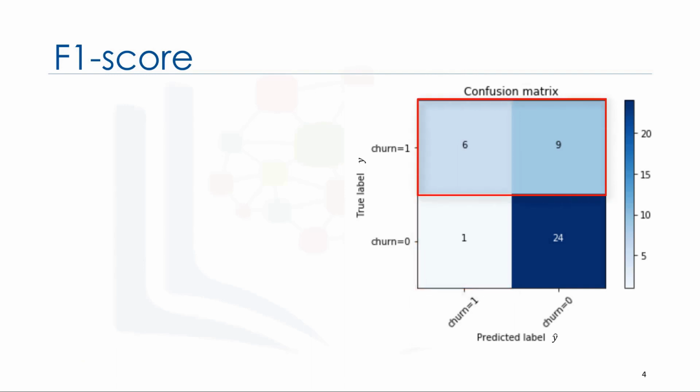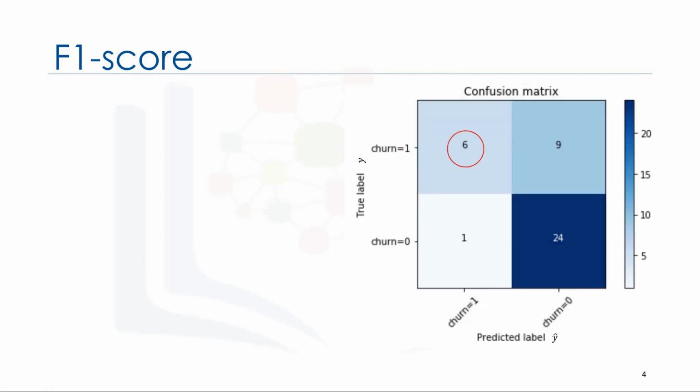Let's look at the first row. The first row is for customers whose actual churn value in the test set is 1. As you can calculate, out of 40 customers, the churn value of 15 of them is 1. And out of these 15, the classifier correctly predicted 6 of them as 1 and 9 of them as 0.